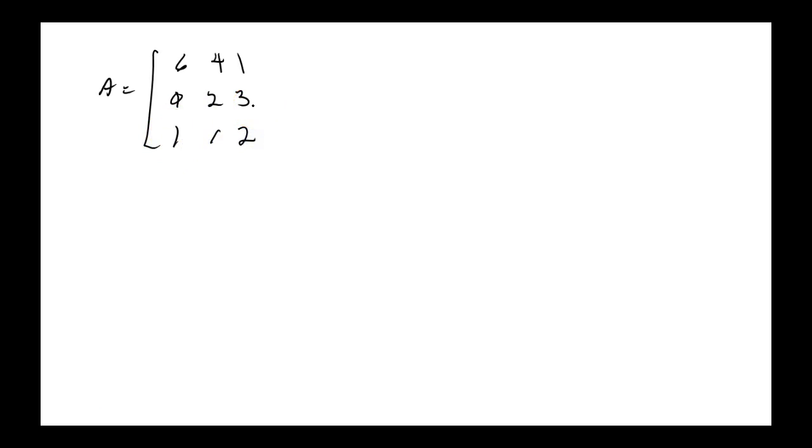Okay. We want to find its inverse. So we're going to augment that with 1, 0, 0, 0, 1, 0, 0, 0, 1. Okay? And we're going to do row reduction with that. Well, first, we're going to flip these two rows, because I want the 1 in the upper left.